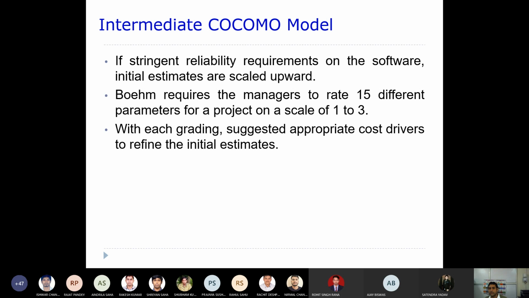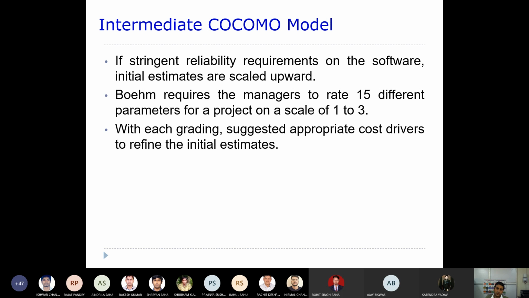Boehm requires the managers to rate 15 different parameters for a project on a scale of 1 to 3. As I told you, there are those 15 cost drivers, and for all of them the project manager will rate, for example, reliability. If you want high, stringent reliability, the value will be 3.